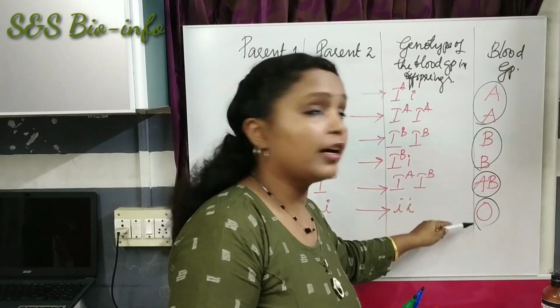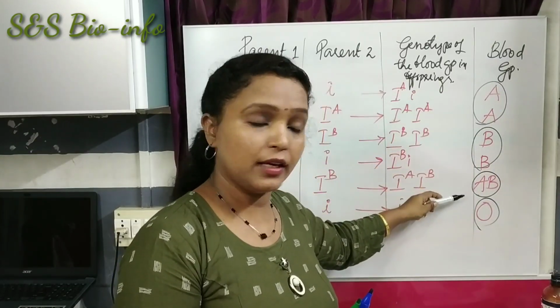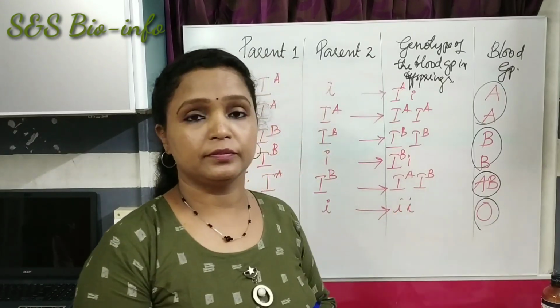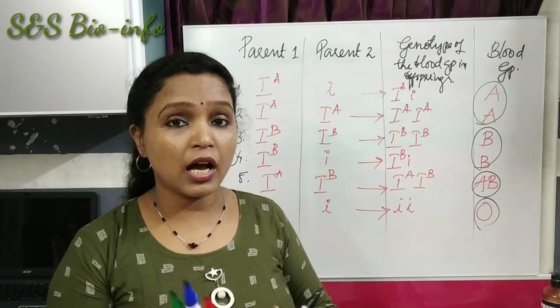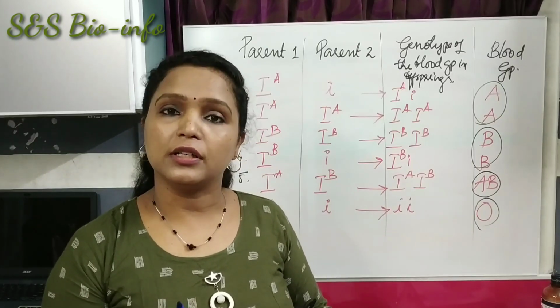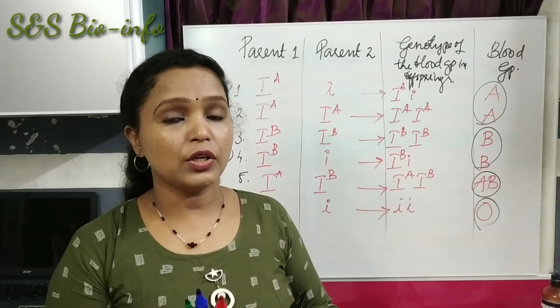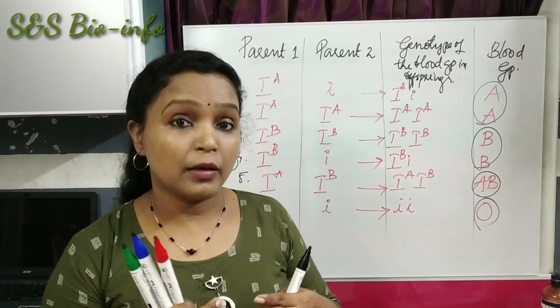The 4 phenotypes are the blood group A, the blood group B, the blood group AB and the blood group O. Then what did you get from this? A single gene has multiple alleles. Here, 3 alleles, IA, IB and small i, control a specific trait among human species, that is the ABO blood groups.